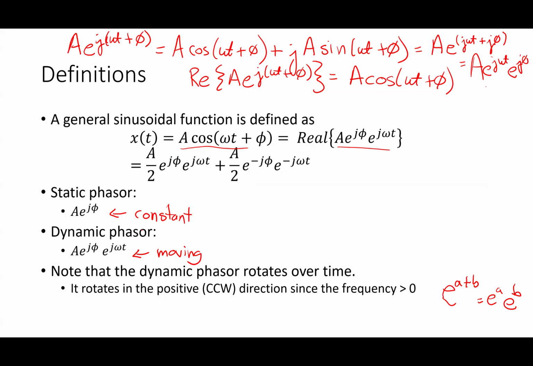Now, why do we differentiate between these things? We use this a lot in 2112. In 2112, you'll say, I've got a circuit and I'm going to put cosine omega t plus 4 degrees into that thing, which may be like an audio signal that you're trying to process. Solving to figure out what the circuit's going to do by treating it as a cosine is really difficult.